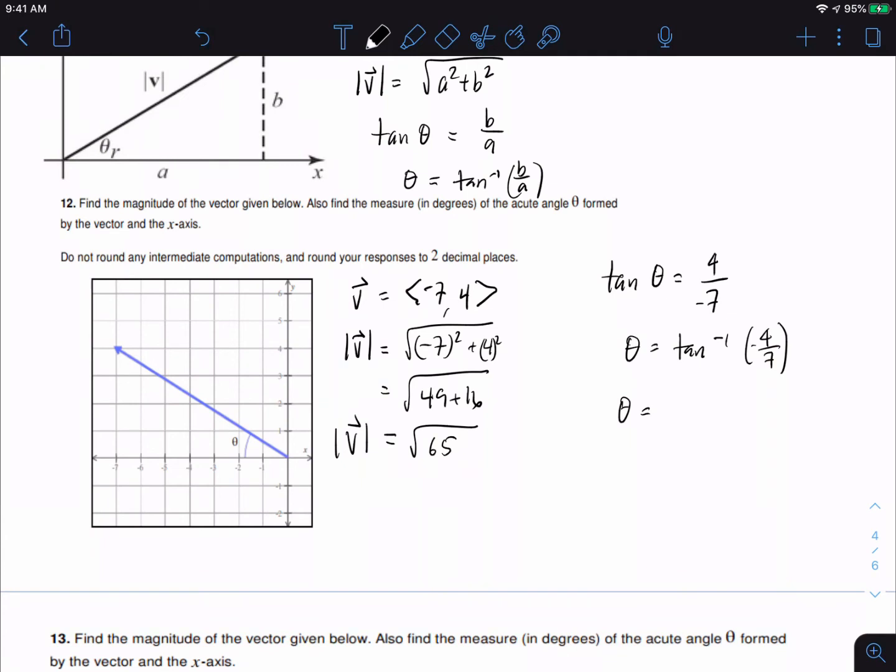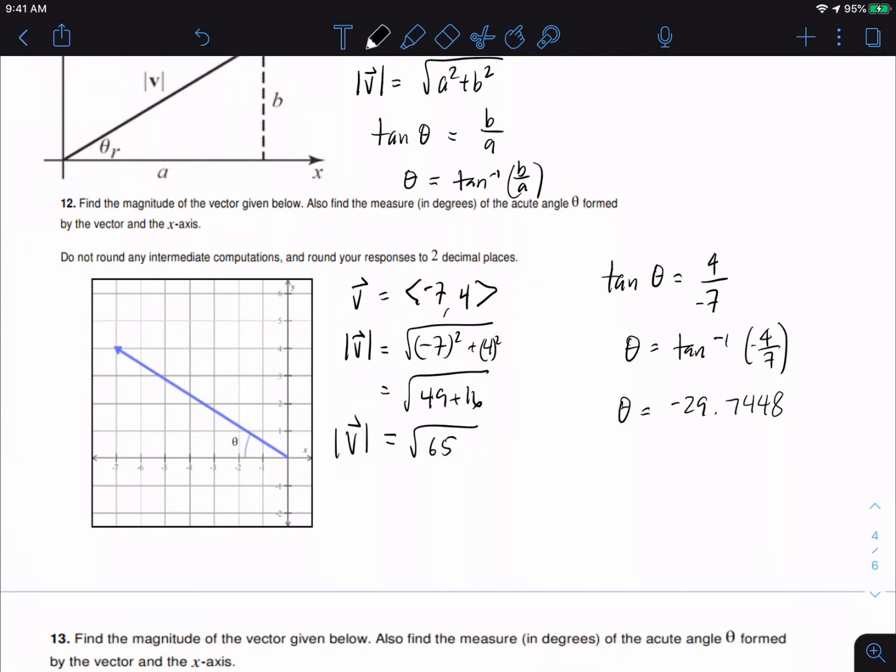Oh, and in this case, make sure you're in degrees. What? Yes. So we get a negative 29.7448, right, with a bunch more digits.